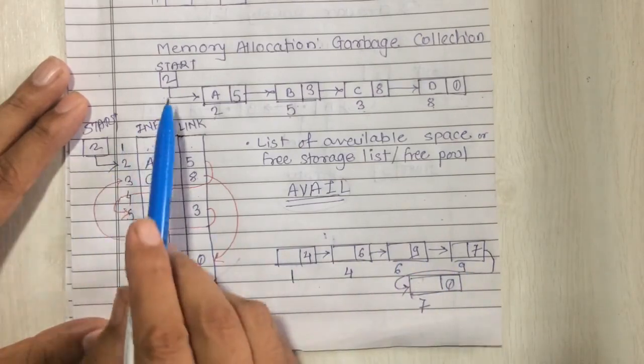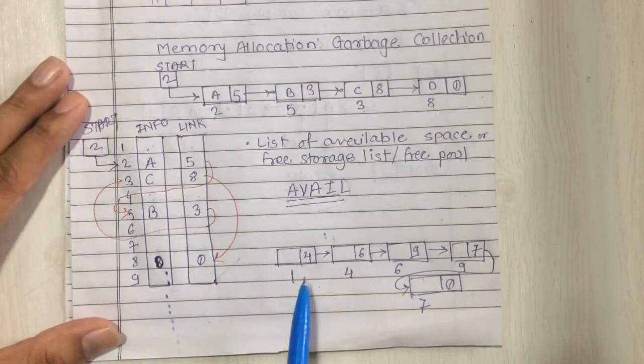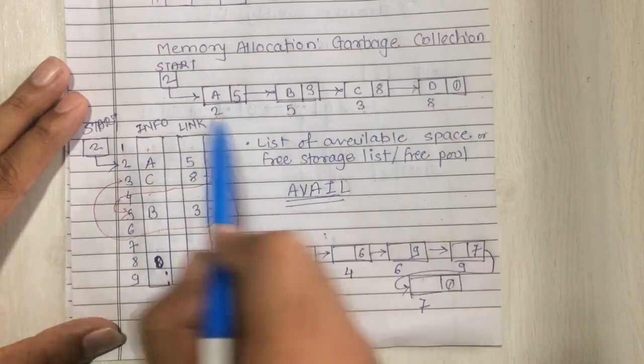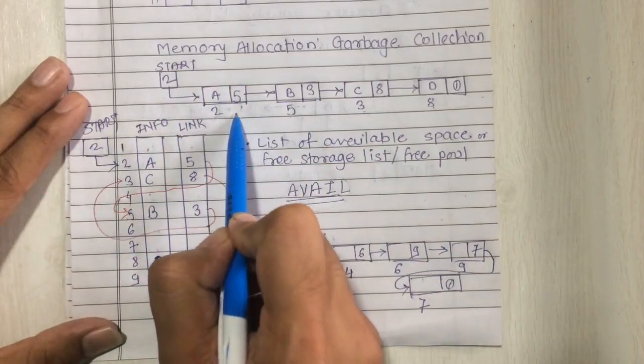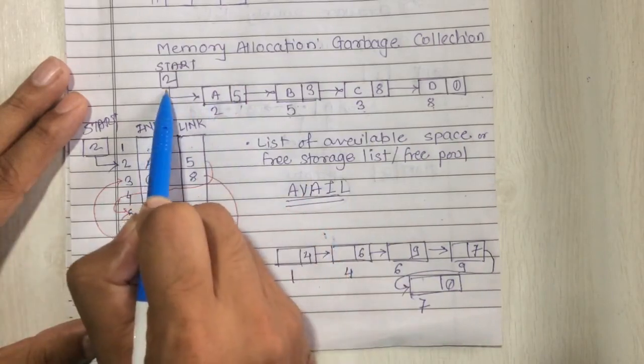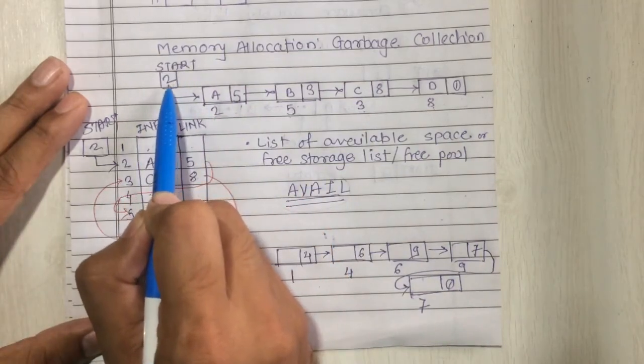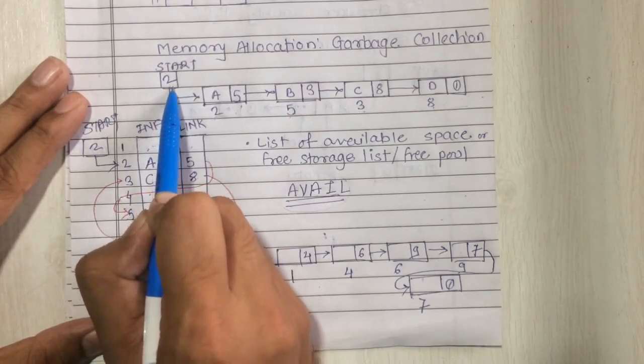So as I said, from where does this linked list start? This linked list has been started with node 2. From where do we get that? Because in the start pointer we have address 2, and start holds the address of the first node.